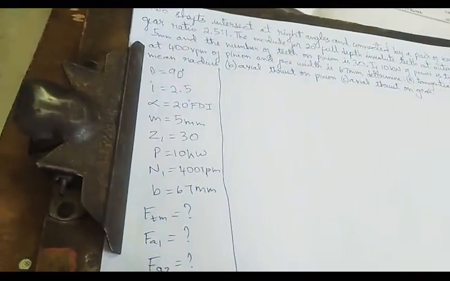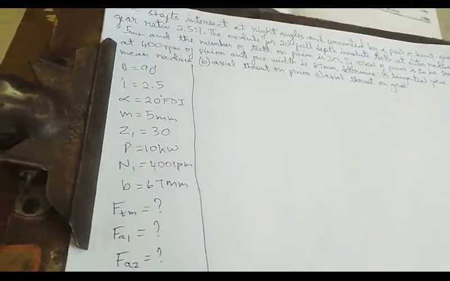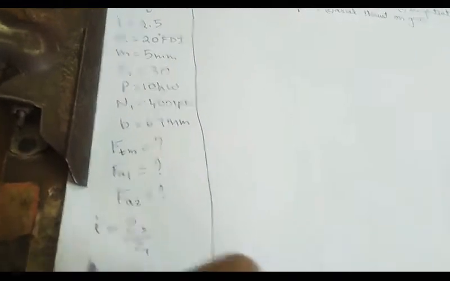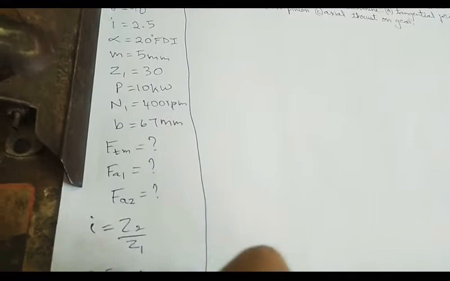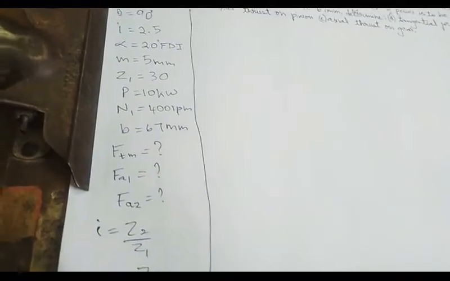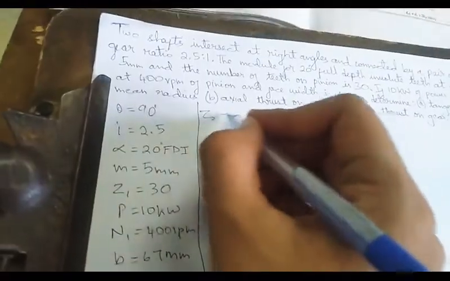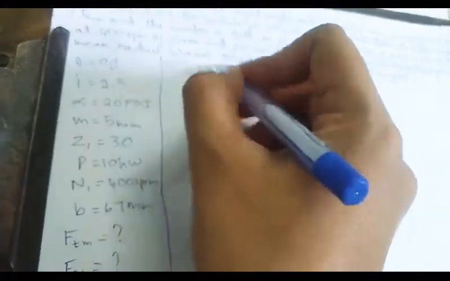I is equal to Z2 by Z1. 2.5 is equal to Z2 by Z1, which is 30. So the value of Z2 is 30 into 2.5. 30 into 2.5 is 75. Z2 is 75.